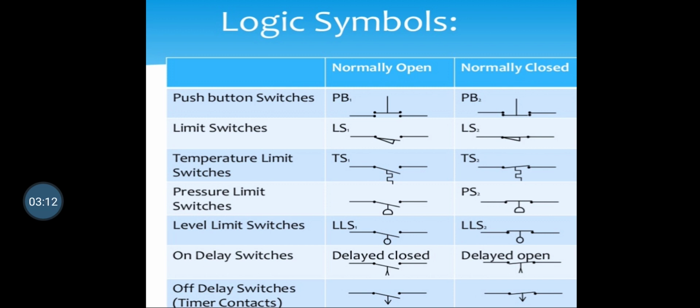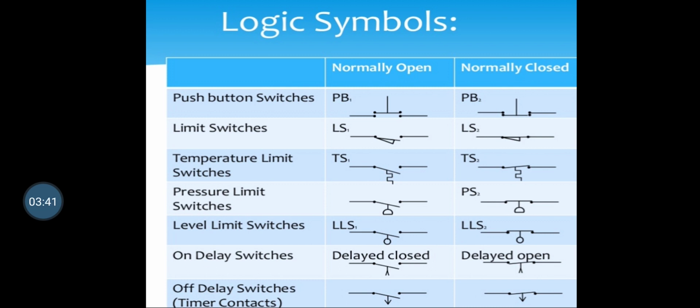And next is the limit switch, LS1 normally open, LS2 normally closed. Here you find the diagrams of normally open and normally closed switches, and temperature switch, pressure limit switches, level limit switches, on delay switches, that is normally open and normally closed, off delay switches with the timer contact.